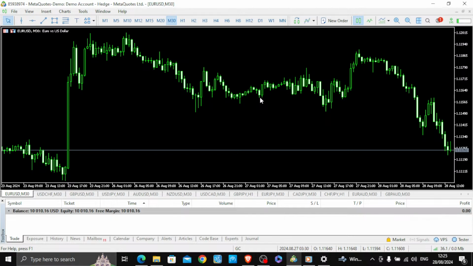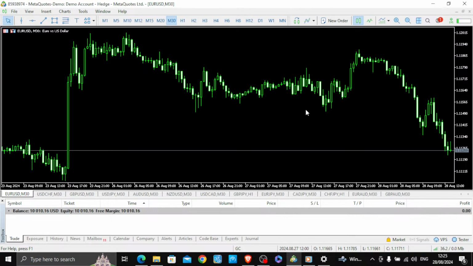But whenever you keep it simple, you'll be able to follow what is happening and know when the big boys are entering their trade.